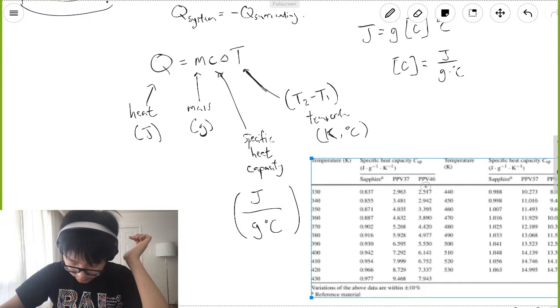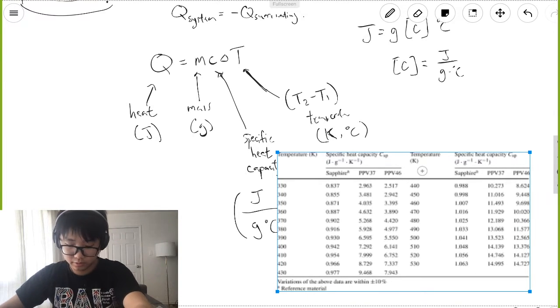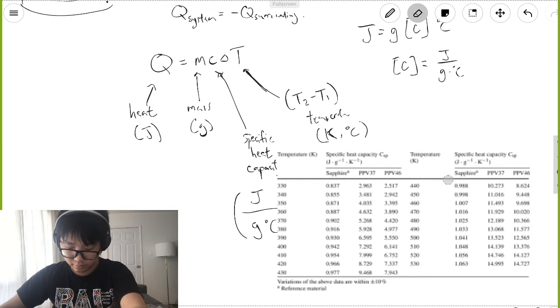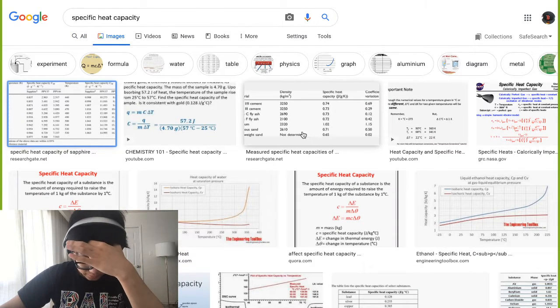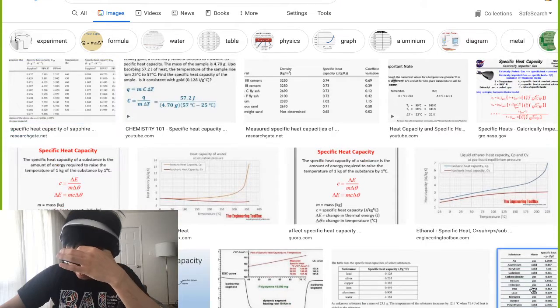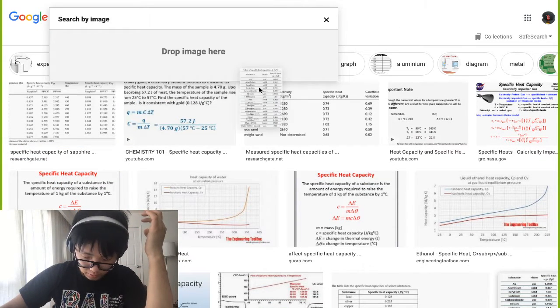Oh no, this is sapphires, like rocks and stuff. I need something more like common objects. Ah, there it is. That's more common objects.